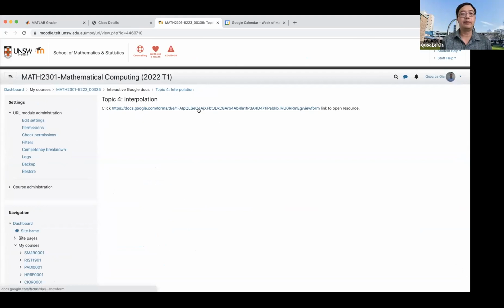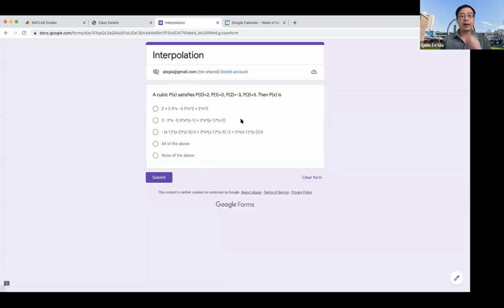Now we consider this example again. What I showed you is the Lagrange form of the interpolation.